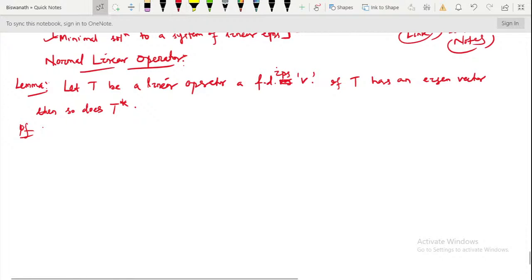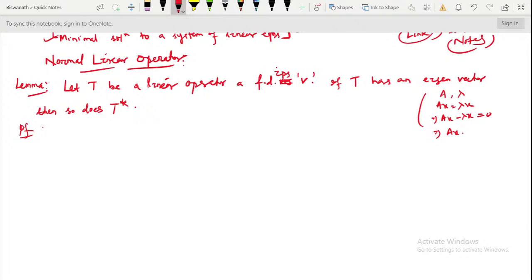We know these things. Suppose A is a matrix and lambda is its eigenvalue, then Ax equals lambda x, and similarly Ax minus lambda x equals 0.